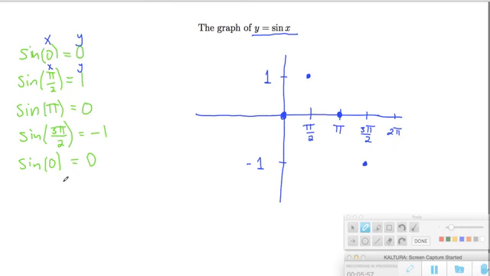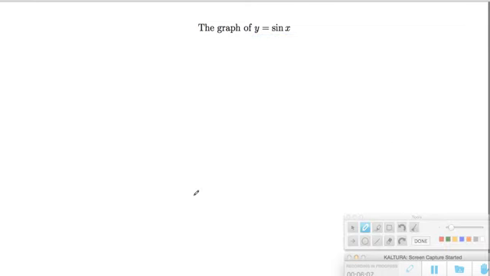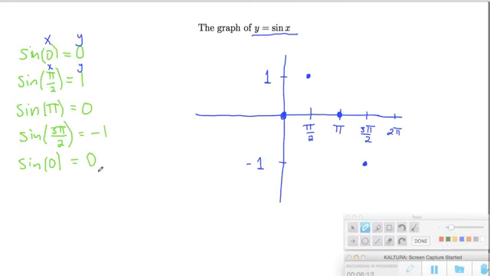And then when we're at 2 pi, I think I meant to write 2 pi here. Let me fix that. Recall that when you've done a complete rotation of the unit circle, 2 pi, then you get a sine of 2 pi equals 0. So at 2 pi, we're actually back to 0.